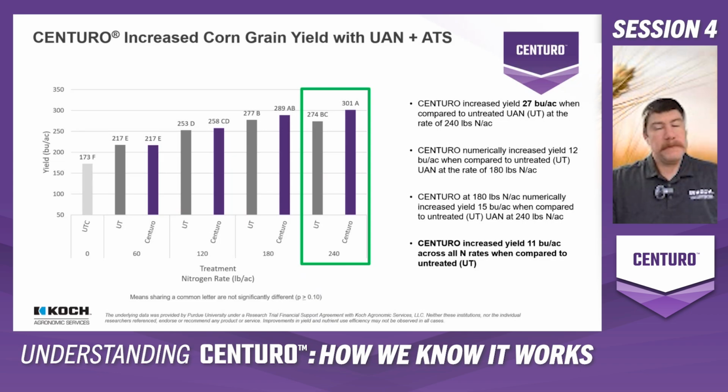So some folks say, hey, I've got ATS with it, and the problem there is that it's not economically or agronomically viable to put enough ATS with that UAN to really get any kind of actual stabilization. I think this is a great data set out of Purdue that really illustrates that.